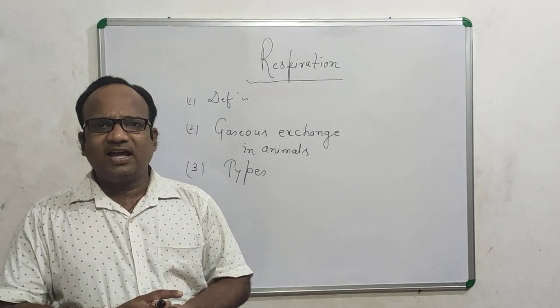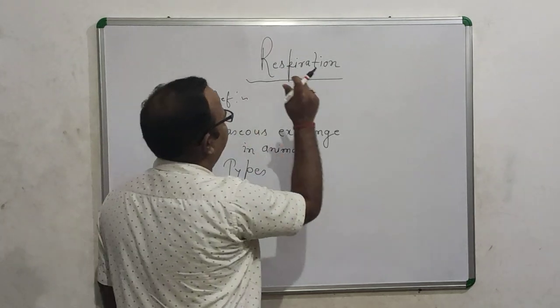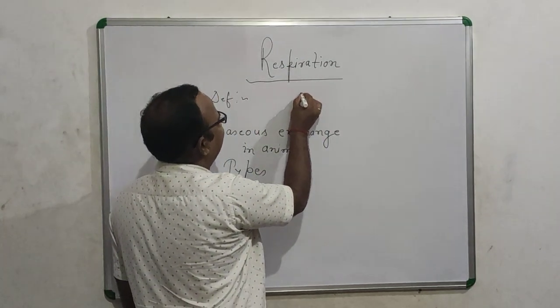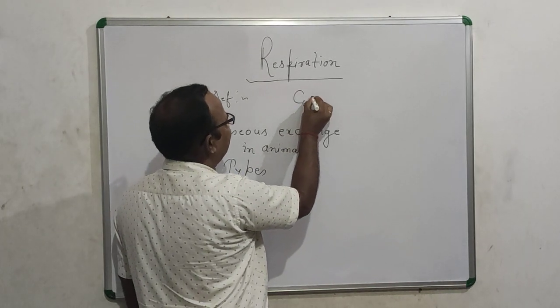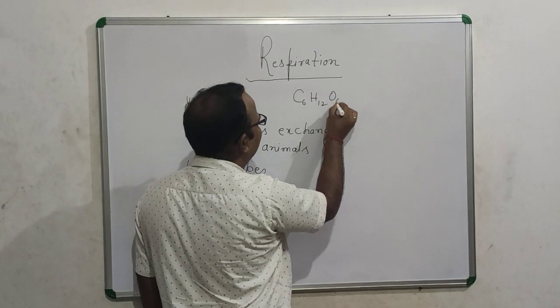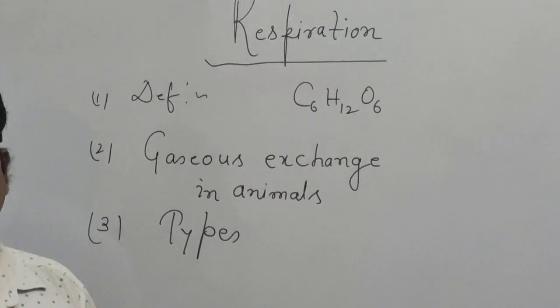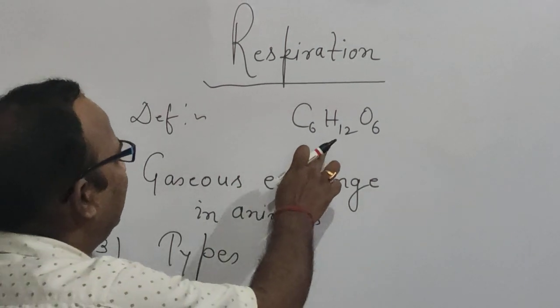So students, as I told you, in respiration the respiratory substrate is food, and the simplest form which is going to be broken down is glucose.